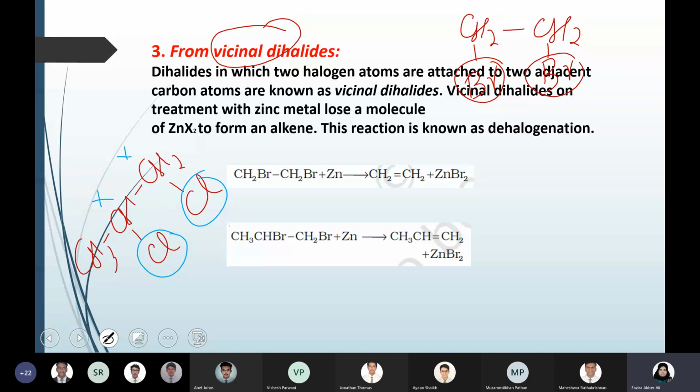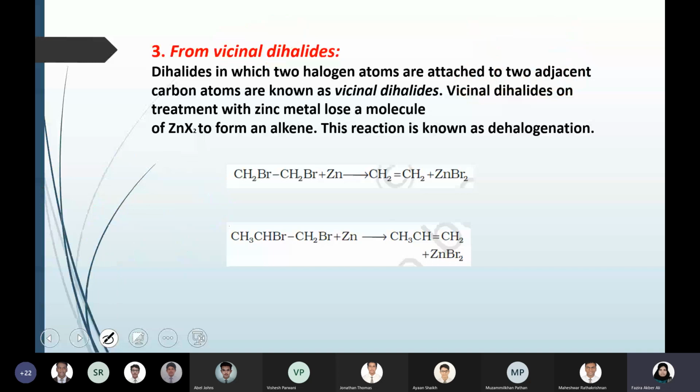That is why I told you in the previous example, whenever you are eliminating something from a compound, what forms is a double bond. Here what you are eliminating is two halogen atoms in the vicinal position, attached to neighboring carbon atoms. If you strongly heat in the presence of zinc metal, these two halogen groups will be removed and a double bond is created between the carbons.